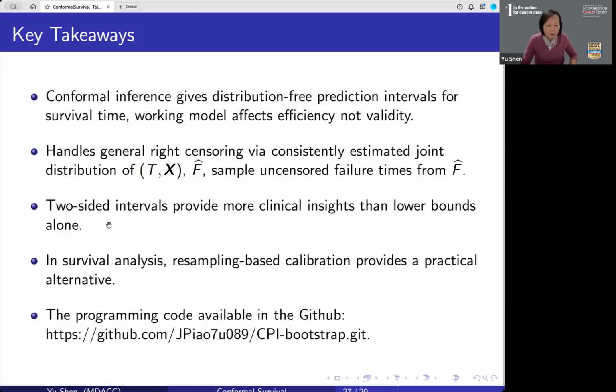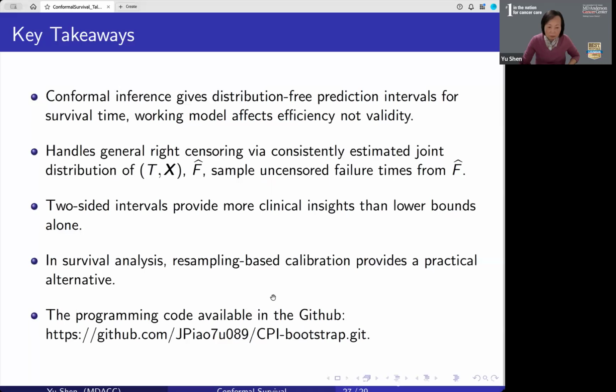Also, we can estimate the two-sided interval, which apparently can provide more clinical insight than just the lower boundary. And this resampling-based calibration provides a practical alternative.